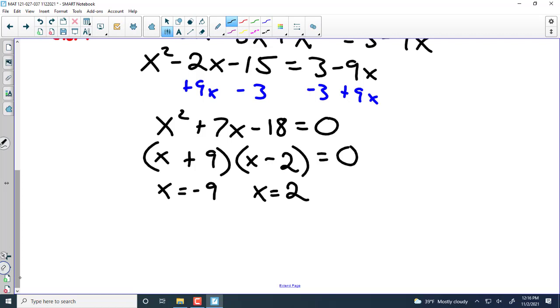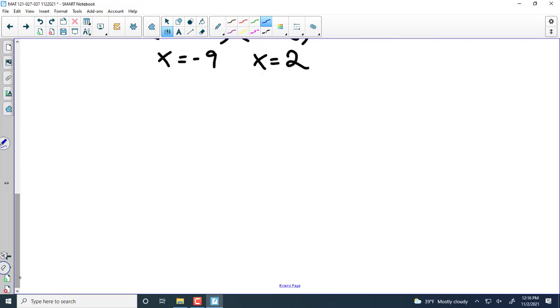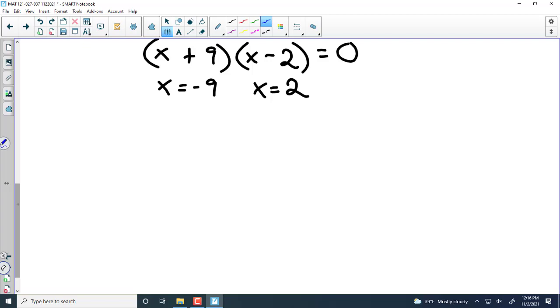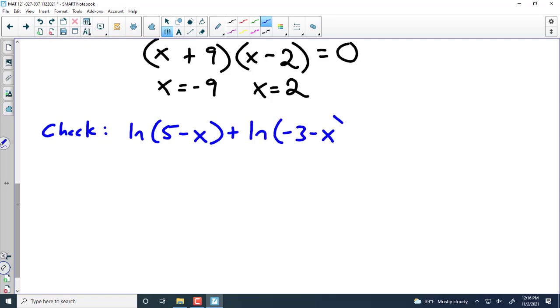When I solve a problem for x and it started with logarithms in it, what must I do? In general, what do I have to do? Make sure you're not taking the log of a negative number. Good. So I will check. And what do I check in? The original, the original untouched equation.